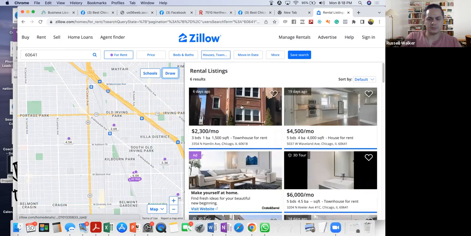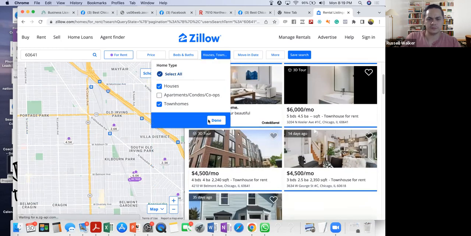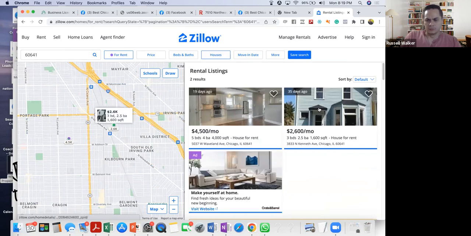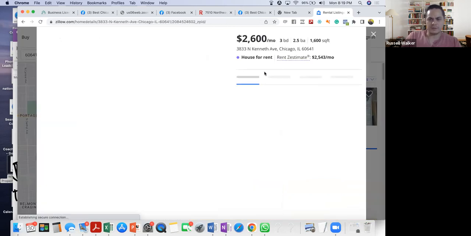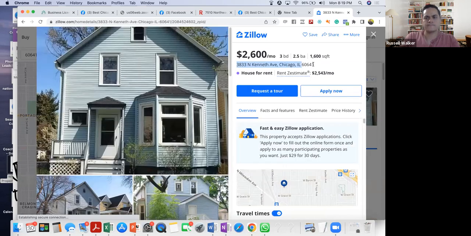But here, let's just try to find a single family to make it easier. So we have a house for rent, 3833 North Kenneth. So we're going to analyze this deal and then come up with our purchase price, our rent, our terms, and then just go over it step by step.